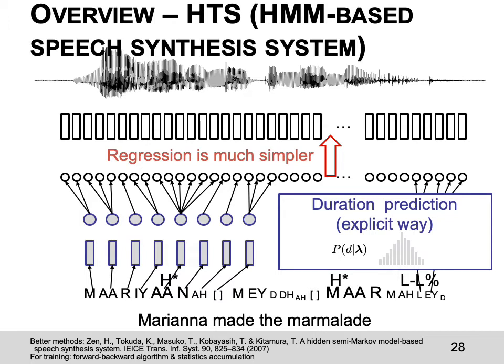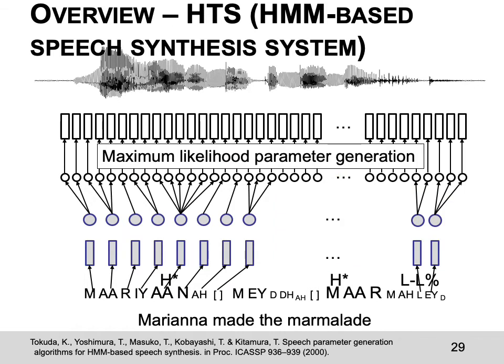Thus, the regression task becomes much easier because we can use many types of algorithms to generate vectors from each HMM state. Specifically, the HTS system uses the so-called maximum likelihood parameter generation algorithm to produce the acoustic feature vectors from the HMM states. This is how the HTS system produces the output from the input linguistic feature vectors.